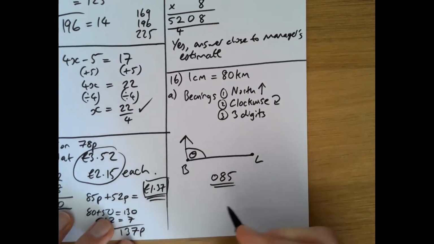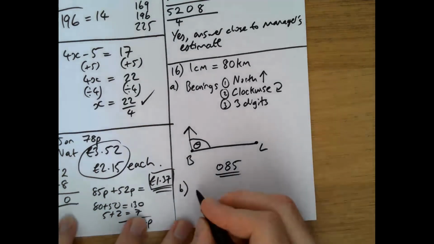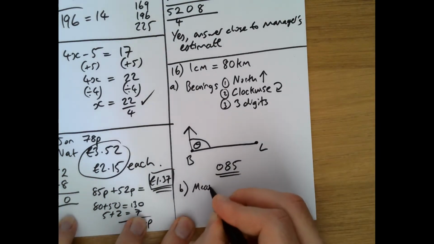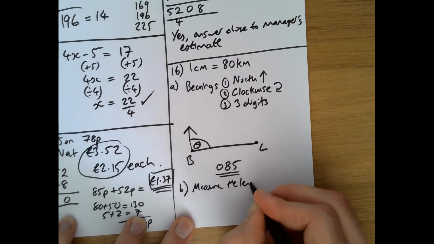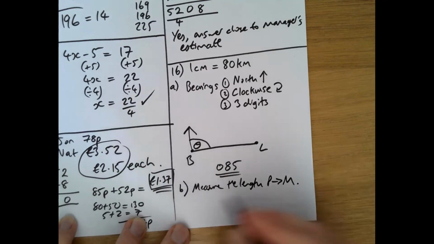Okay, can we fit B on the same page? Work out the actual straight line distance from Paris to Marseille. So this one's going to be hard to do without it printed. But Paris to Marseille, what you need to do is you need to measure the length really accurately from Paris to Marseille. Okay, and that will give you a certain number of centimetres.